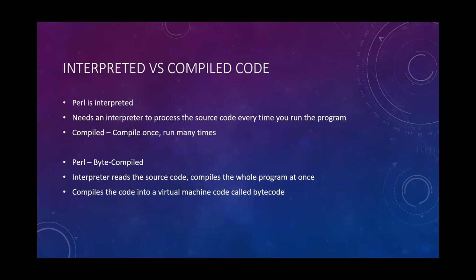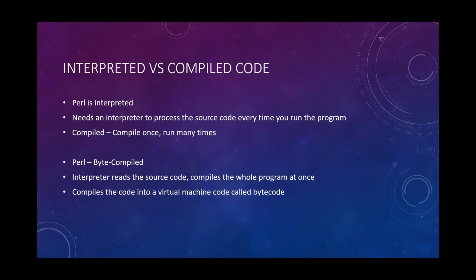Going through interpreted versus compiled code, Perl is interpreted. It needs an interpreter to process the source code every single time you run the program. If something is compiled, typically you compile it once and run many times. Perl is considered byte compiled, so it's kind of in between a full-out interpreted and a full-out compiled.